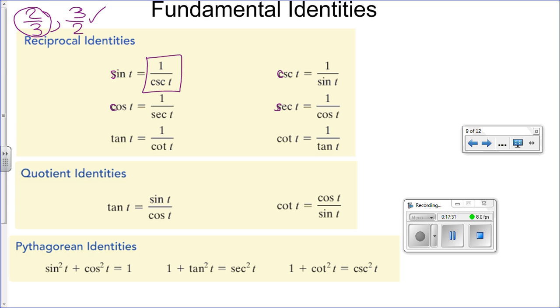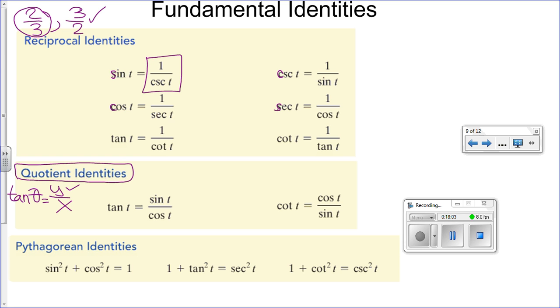All right? Okay. So here we have something else called the quotient identities. And quotient implies division. All right? So before we got to this slide, we were considering that the tangent of an angle was given by y over x, correct? But isn't sine of that angle defined as the y coordinate right here?